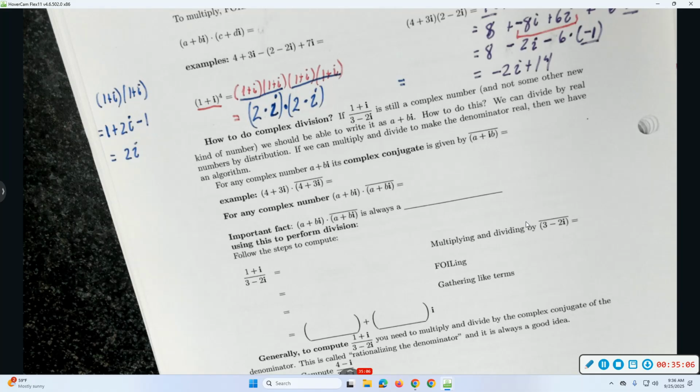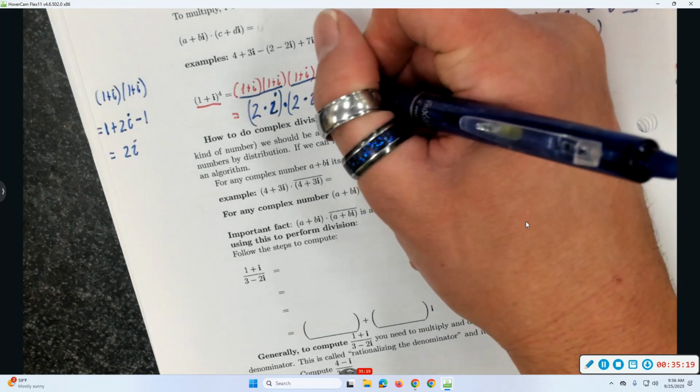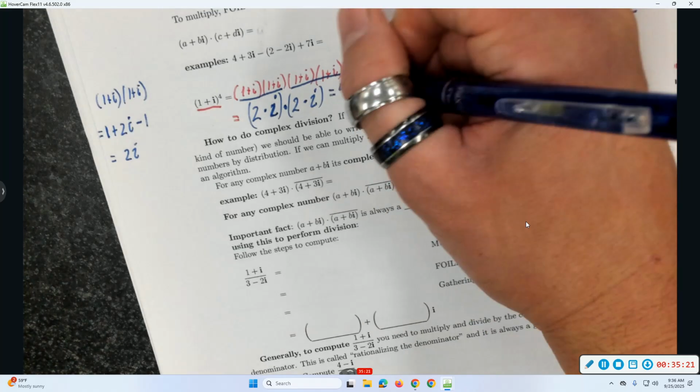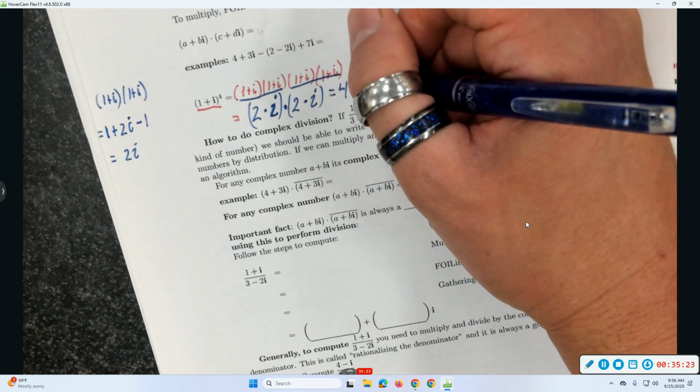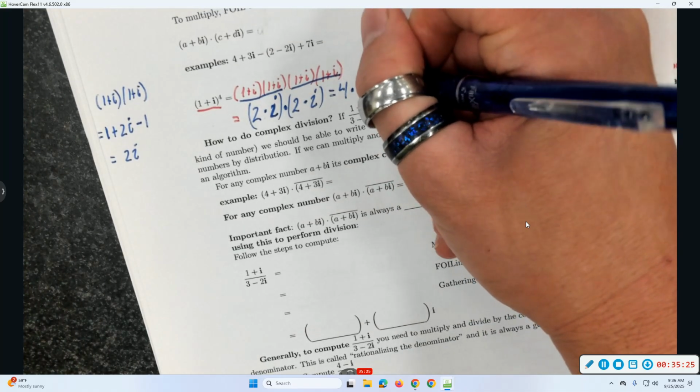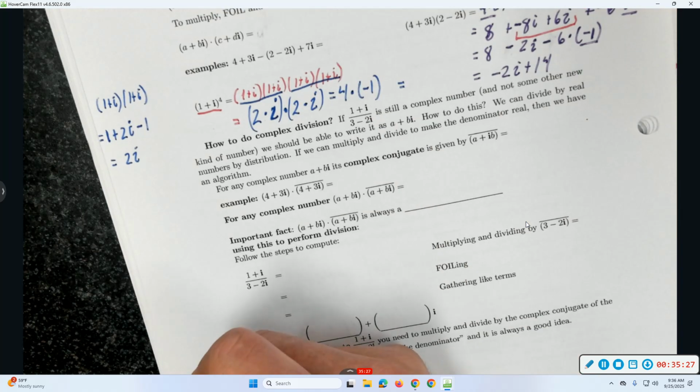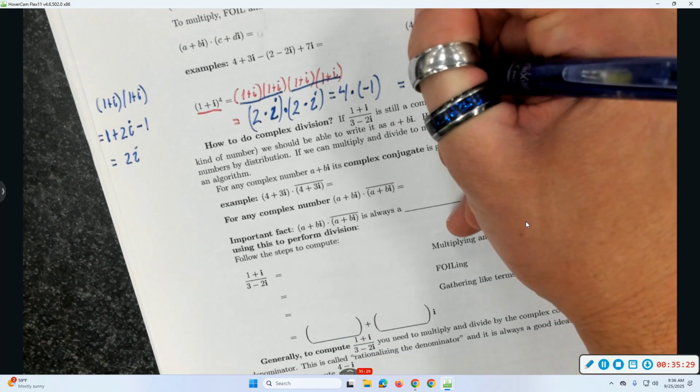But the parentheses don't actually matter, right? I'm just multiplying things together. All right, cool. So let's walk that out. So that's 2 times 2 times i times i. 2 times 2 is 4, i times i, i squared, which is? All right, 4 times -1. Cool.